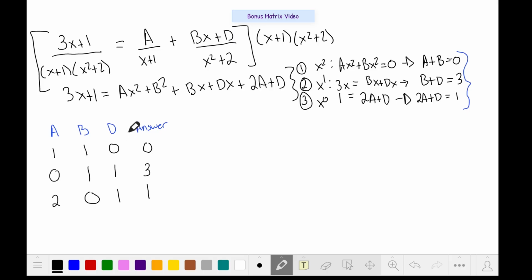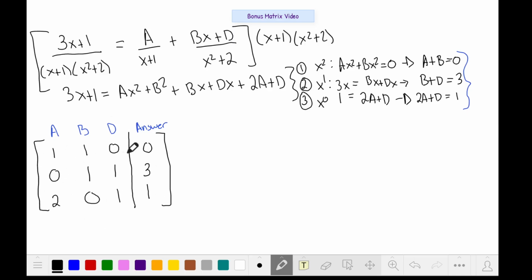So what I'm going to do is throw up a straight line to differentiate between the actual coefficients of a, b, and d, and the row of answers of what these equations were. So we're going to throw big square brackets around the whole thing, and this right here is what we call the matrix.